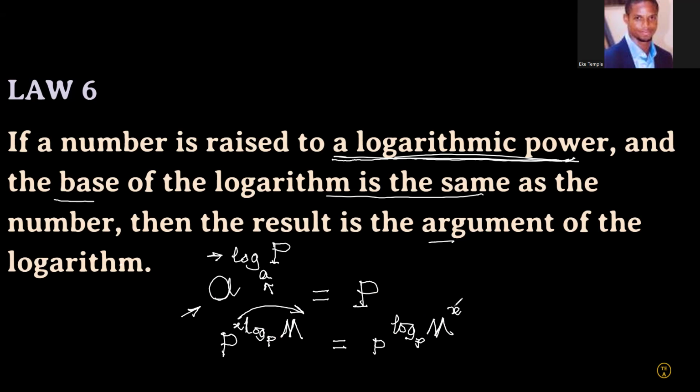You can see in this case we're taking the power x up. And now, because the base of the logarithm is the same as the number being raised to the power, and with the back of the log completely free, the answer is simply that argument with its power. Yes, so simply m to the power x. Very simple. And we're going to see this in real problem solving. Let us move on for now into the next law.